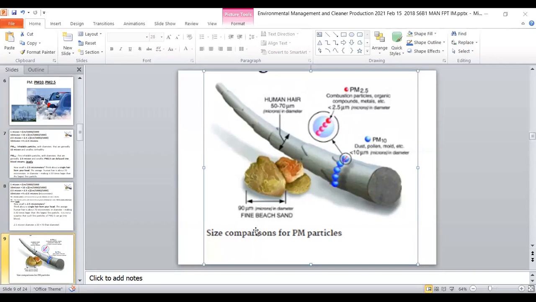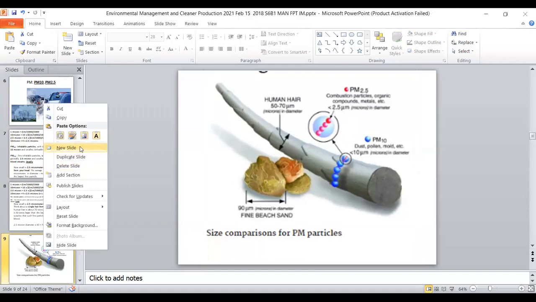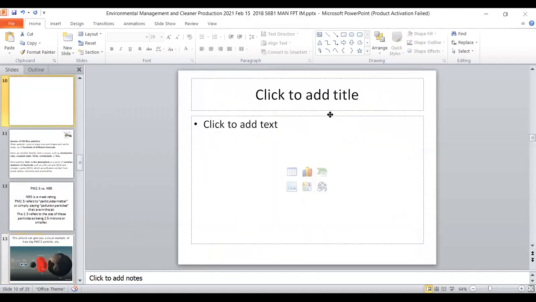Very tiny, very fine, still bigger than these particles. So imagine when this goes in, we are all facing health issues.